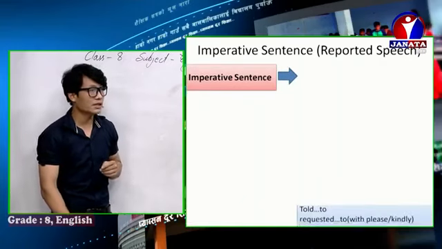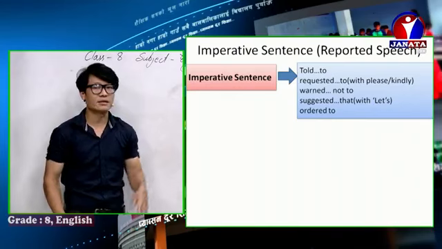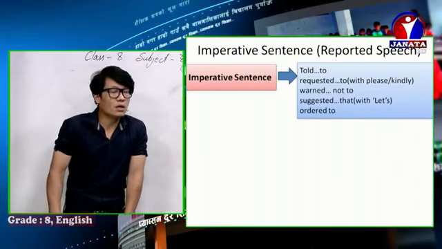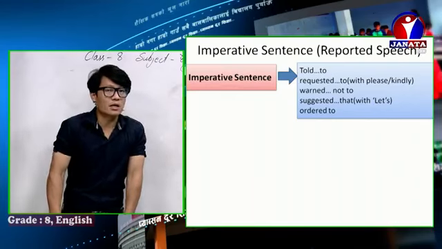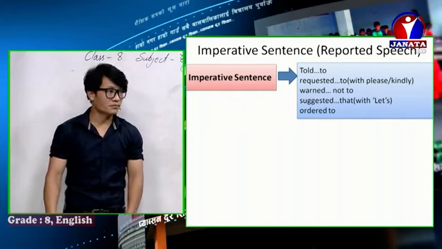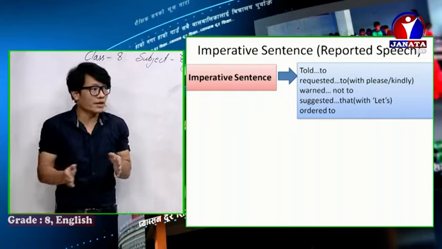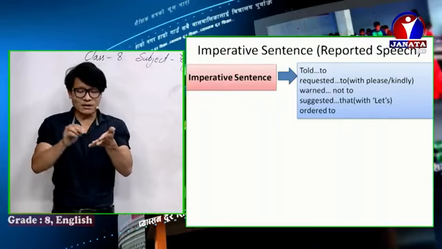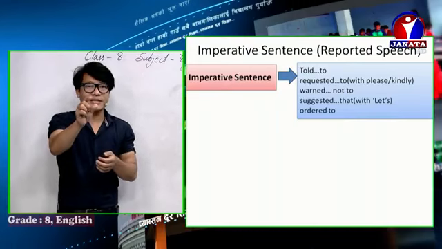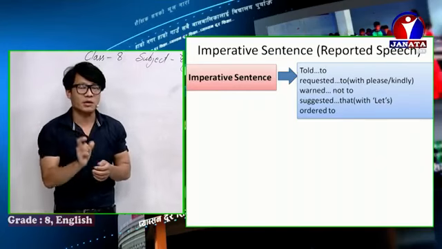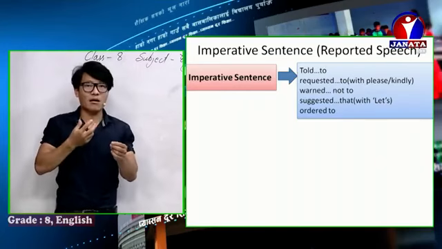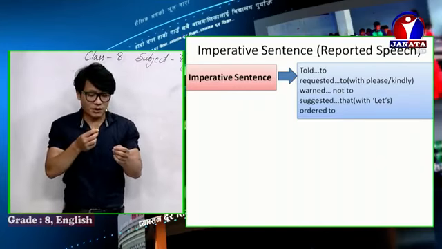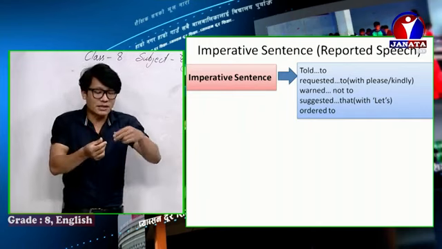How to change an imperative sentence into indirect? Like this. Told to, remember this. Requested to with please or kindly. If there is a please or kindly word with an imperative sentence, then that makes a request. Like, please come here. So this is a request. Why? Because there is a please.